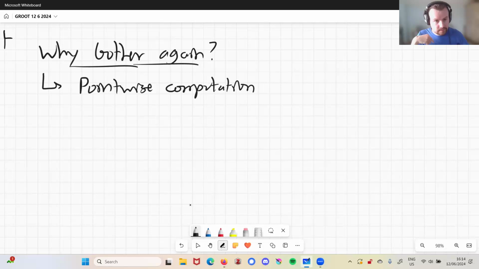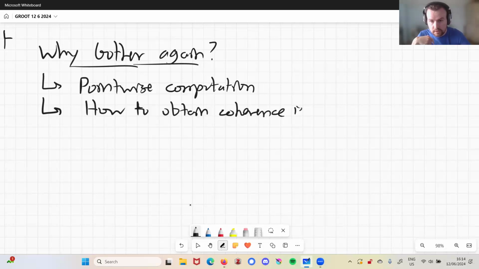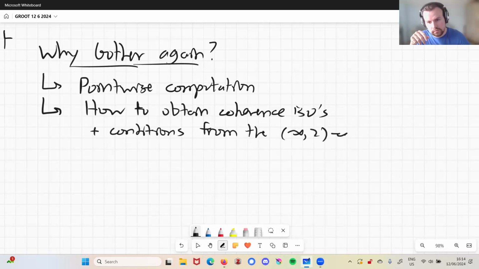There's also, in the approach that I'm going to show you today, something intriguing, because today we're going to see how to obtain all of the coherence isomorphisms, so associators and unitors and such, and the conditions on them, such as the pentagon condition, from the infinity 2 category directly.